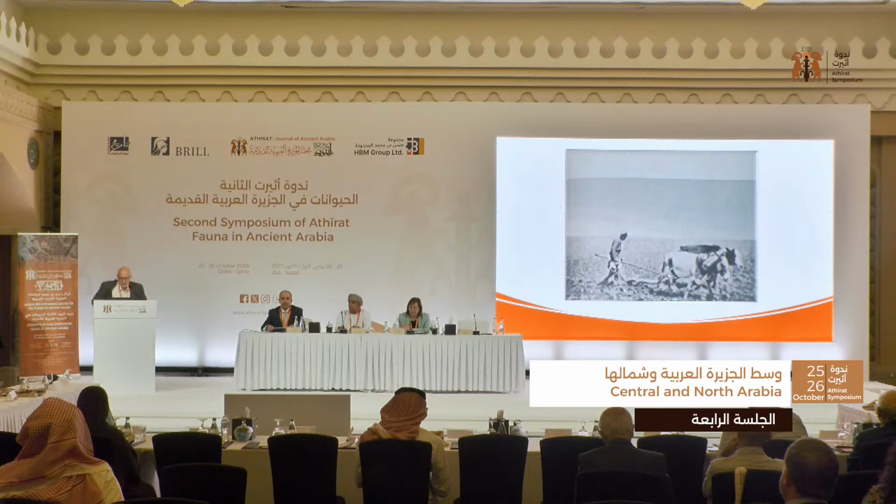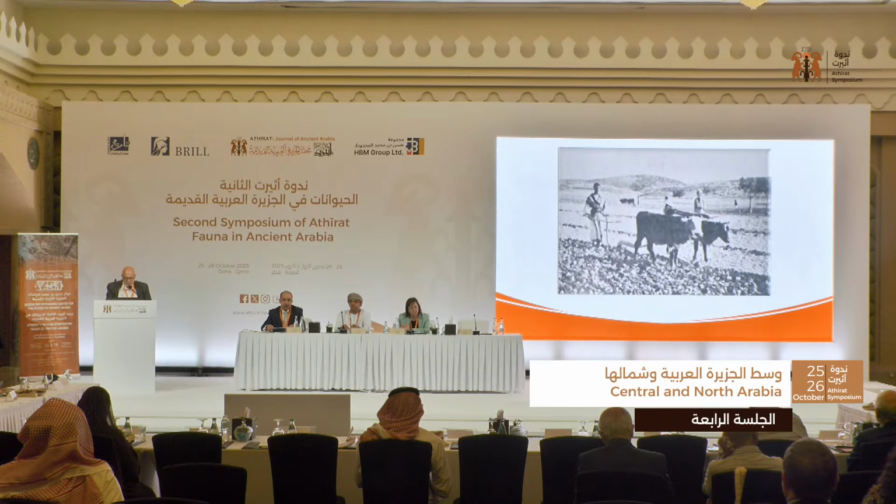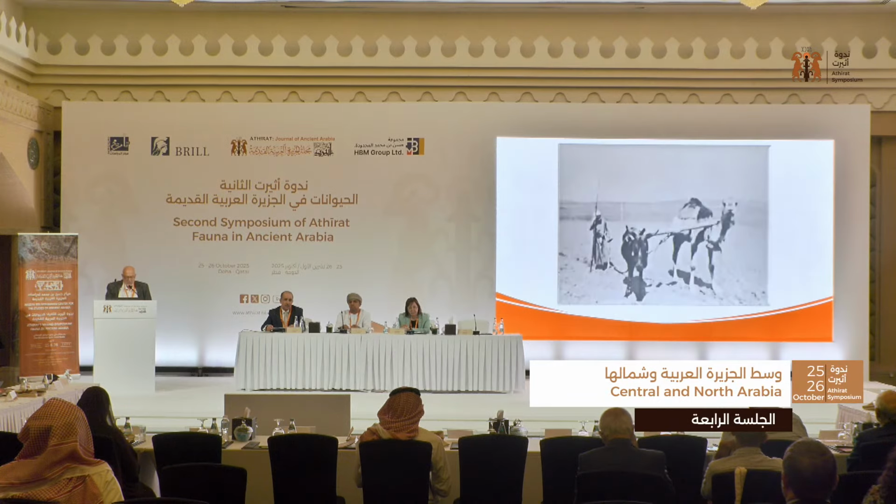So apparently people were acting according to the availability of animals. These photos, I'm sorry for the quality, are taken from Dalman's Arbeit und Sitte in Palästina. I used a reprint edition, so the quality is not excellent. These are in Palestine, two oxen in Palestine, but just to show that it is not so exceptional to use two different animals for plowing.